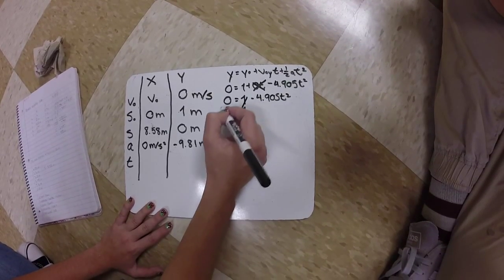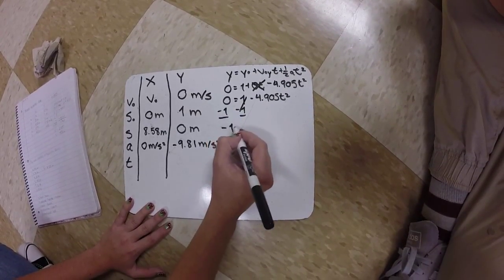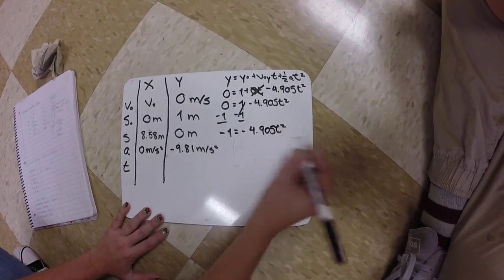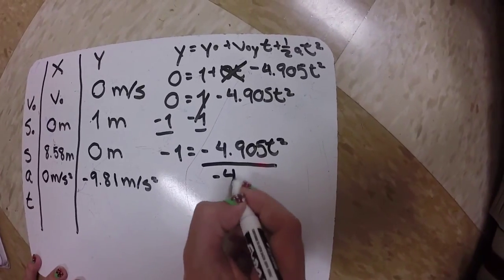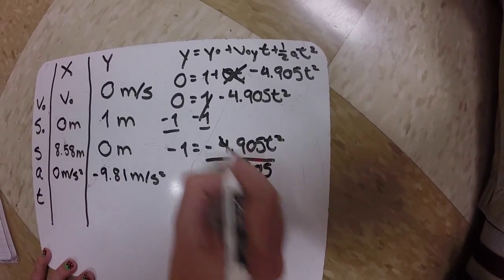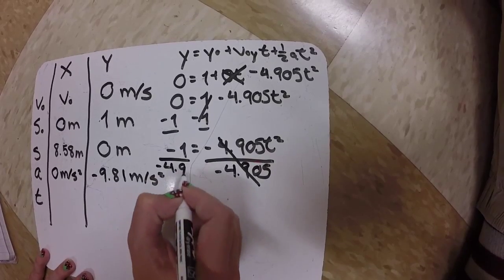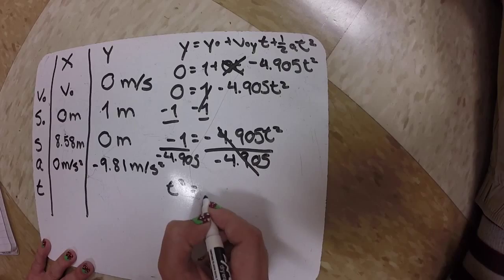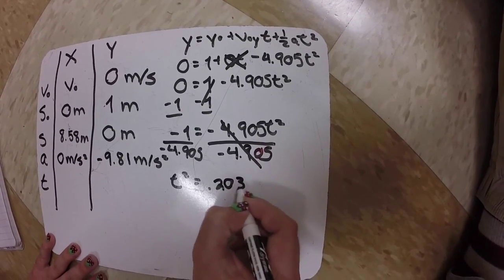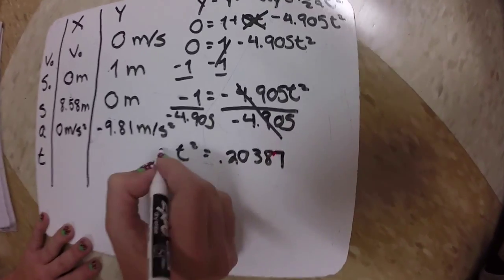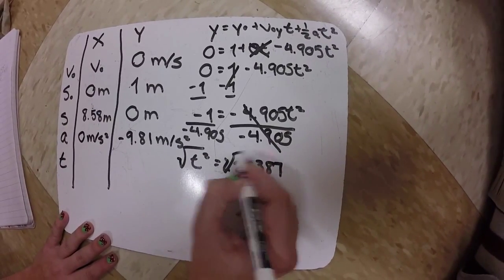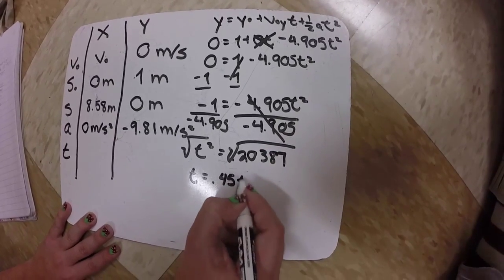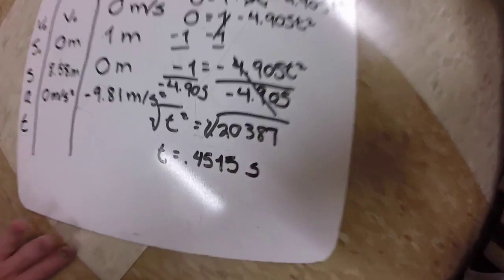You move the 1, you get negative 1 equals negative 4.905 t squared. You divide by negative 4.905, and t squared equals 0.20387. If you square root both sides, that gives you t equals 0.4515 seconds.